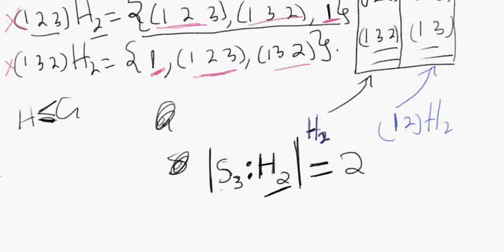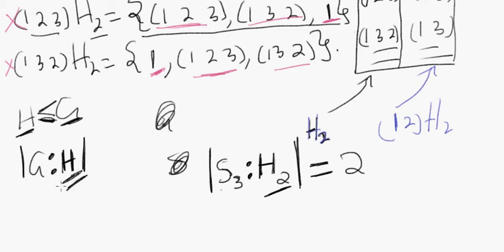Okay? And in general, if we have a group G and we pick some subgroup H of G, then the index of H in G is the same thing again. If we considered cosets of H formed from G, how many distinct ones are necessary in order to partition G?